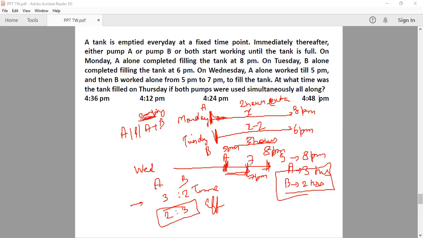Which means कि जो काम A ने 8 बजे तक करना था वो काम B ने 7 बजे तक कर दिया. सो द रेशियो इज 3:2, टाइम की रेशियो. सिंस टाइम की रेशियो इज 3:2, तो एफिशिएंसी की रेशियो क्या आई? 2:3. Is it clear to everyone? Kindly reply with a yes or no. Is it clear?